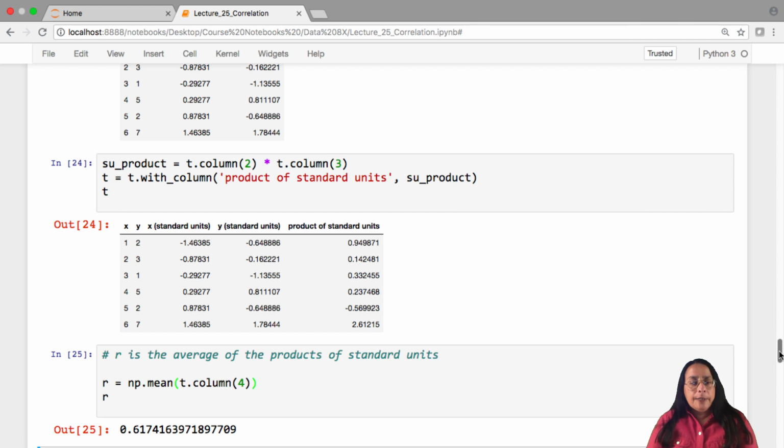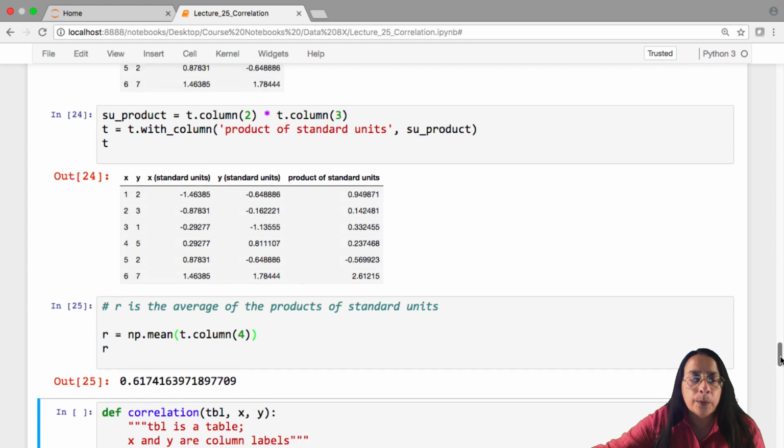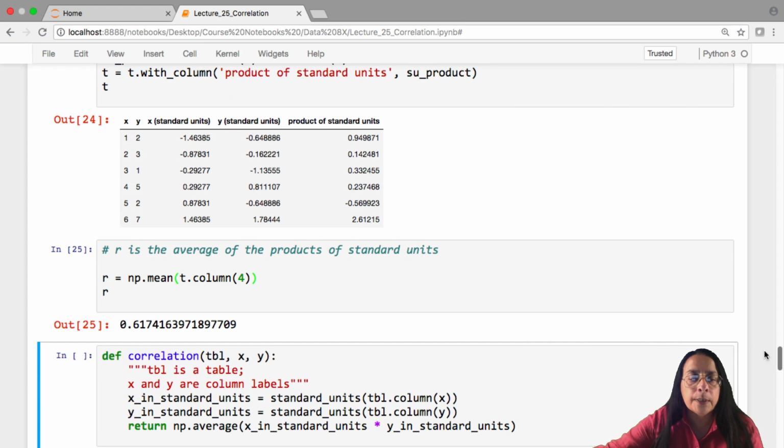As with standard deviations, we are going to want to compute correlations over and over again. Since we started out by writing our own standard units function, we can also write our own correlation function. So we'll define a function correlation that takes 3 arguments: a table, the label of the x column, and the label of the y column.